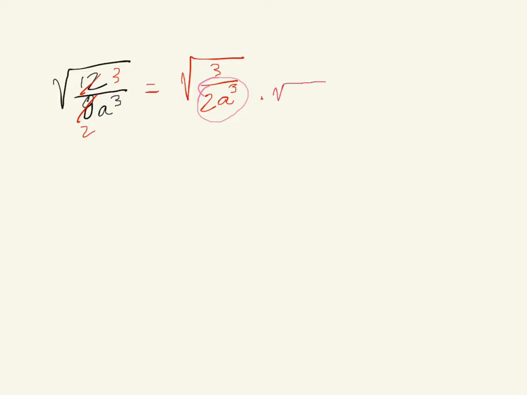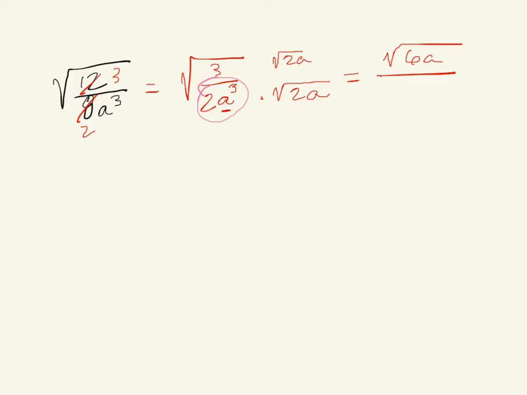So we got to multiply this times the root of 2, and then here we got to get this a cubed to a perfect square. The first perfect square is a to the 4th. So what times a cubed is a to the 4th? Well, 2a. So we multiply that times the root of 2a, and the top times the root of 2a. So up top we get the root of 6a.